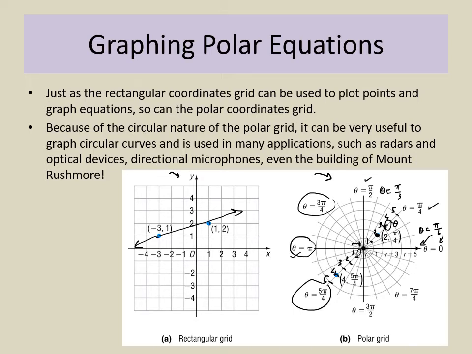This is why that grid is a circular grid, as you can see. So let's say we take this angle, 7 pi over 4. Once again, here's distance 1, or r equals 1, r equals 2, r equals 3, r equals 4, r equals 5, and so on. So the polar coordinate grid is a circular one.